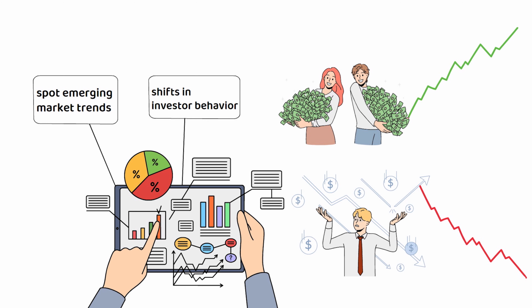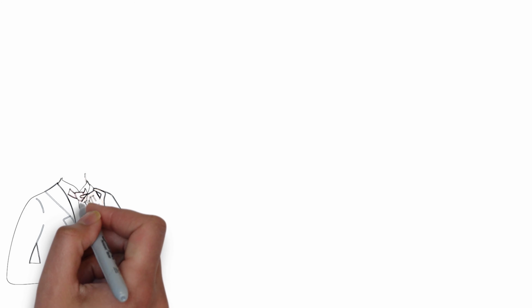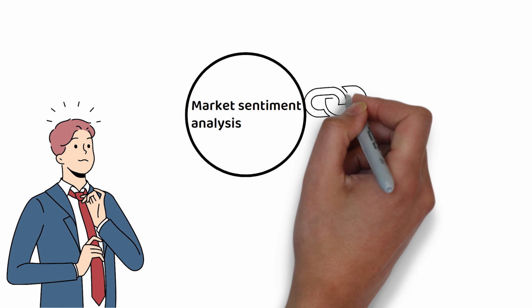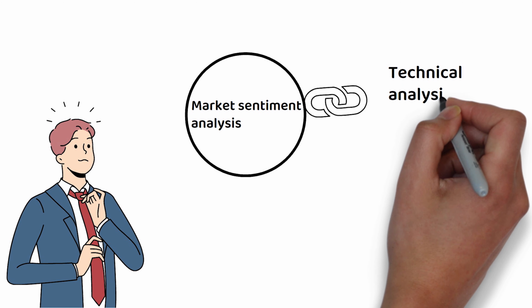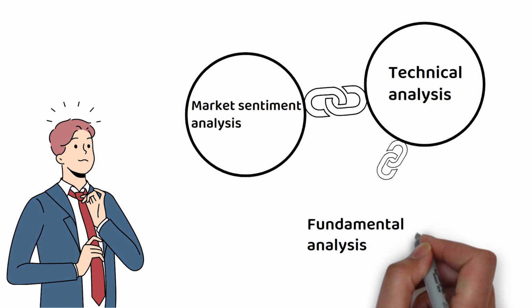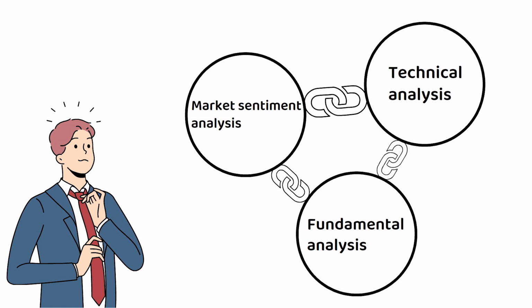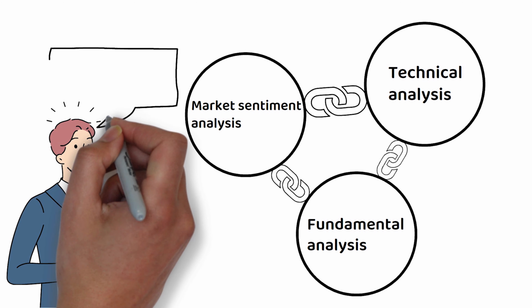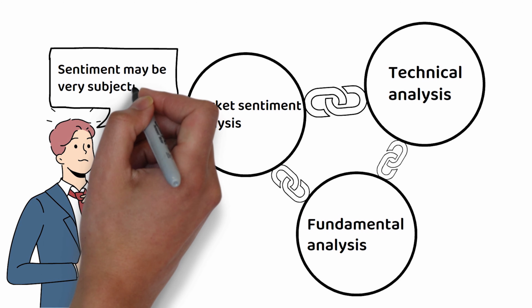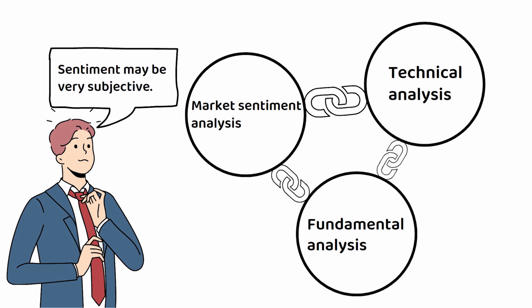To make well-rounded investment judgments, market sentiment analysis should be utilized in conjunction with other types of analysis such as technical analysis and fundamental analysis. Investors should approach sentiment analysis with caution and not rely primarily on it for making investment decisions, because market sentiment might be very subjective and may not necessarily reflect the underlying fundamentals of a coin.